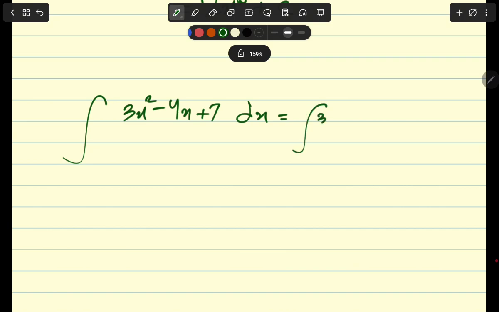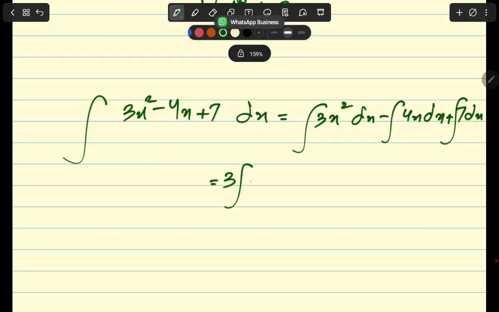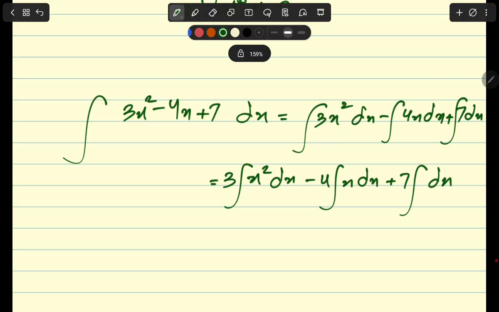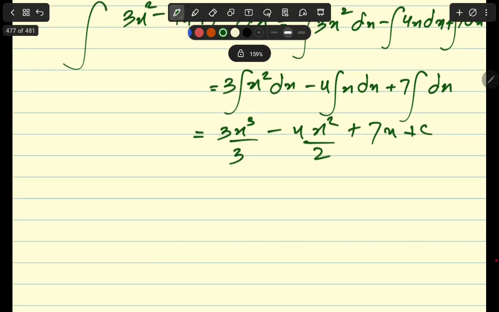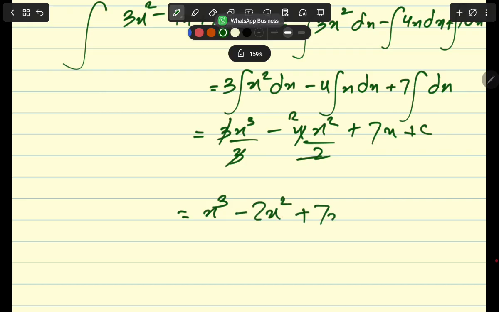So this is nothing but the integral of 3x^2 dx minus 4x dx plus 7 dx. So this is equivalent to, you bring 3 outside, x^2 dx minus 4 x dx plus 7 times 1 dx, right? Just put dx. So the integral of x^2 is x^3 upon 3. For x it is x^2 upon 2, and for dx it is just x, and then you put a plus c, right? So this becomes x^3 minus 2x^2 plus 7x plus c.